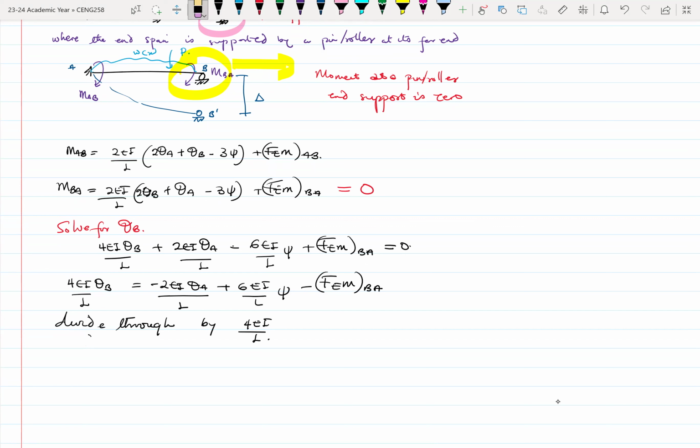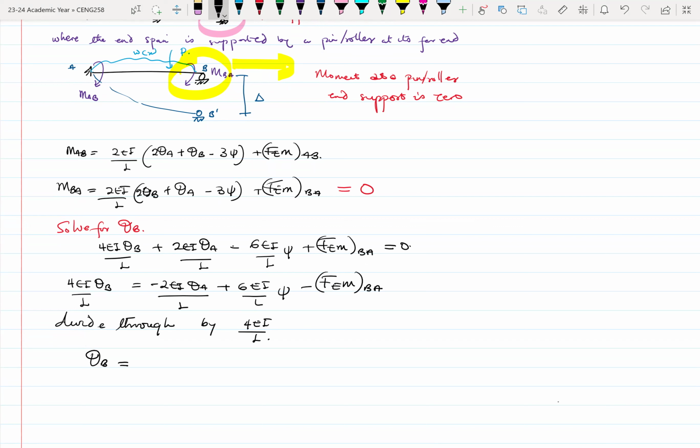So theta B will be equal to, if you divide through by 4EI over L, dividing through by 4EI over L is the same as multiplying through by L over 4EI, all right?